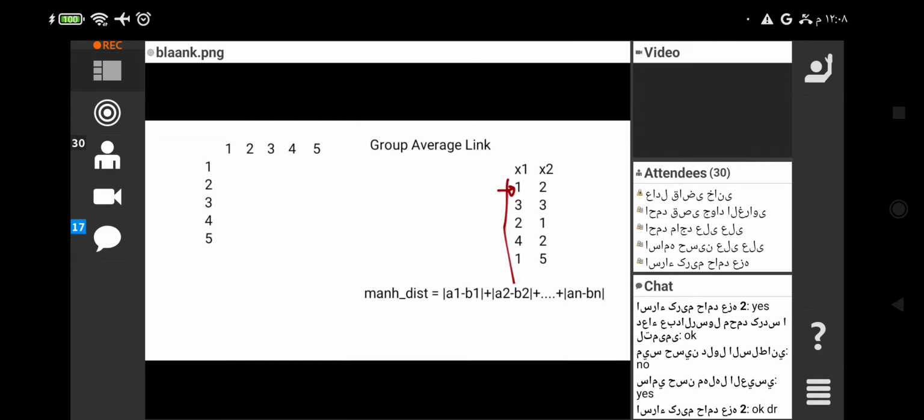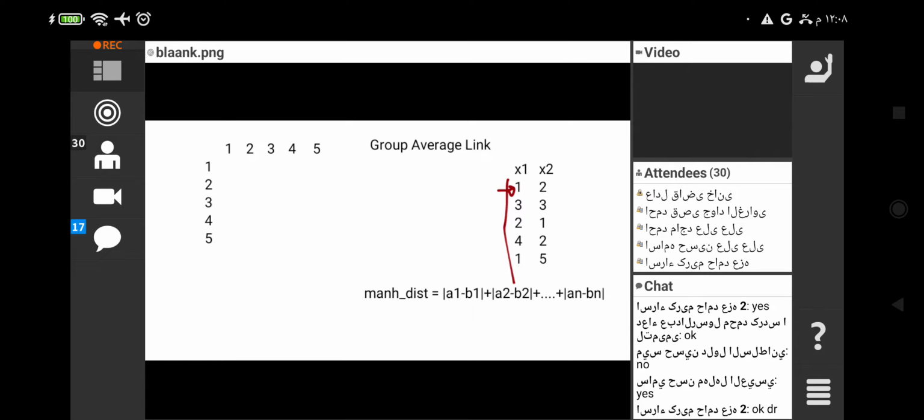Distance between 1 and 2, it would be 1 minus 3 plus 2 minus 3, it would be 3. Distance between 1 and 3, it would be 1 minus 2, 1, 2 minus 1, 1, 2. And 1 and 4, 1 minus 4 is 3, 2 minus 3, 1, so this one is 4.